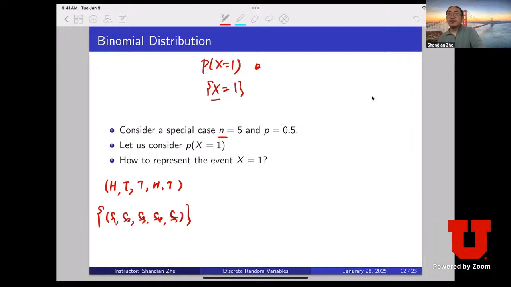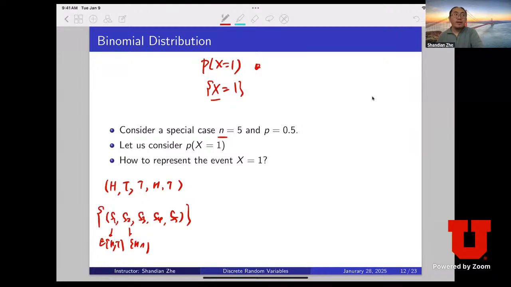And each of S1, 2, 3, 5 represents whether in the corresponding flipping you see heads or tails. So this one could be heads or tails, this one could be heads or tails, and every item could be heads or tails.